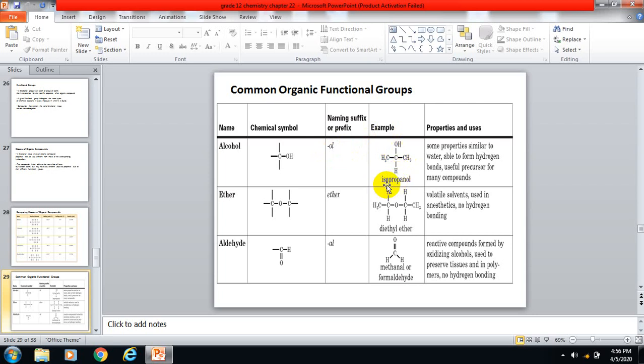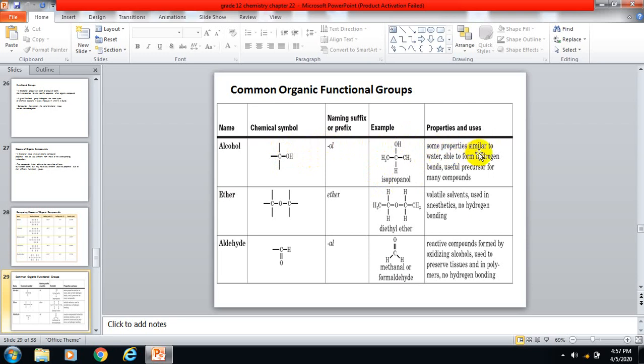This is iso, like same, propanol. The OH is attached at one end. So isopropanol, from propane, will be known as propanol.